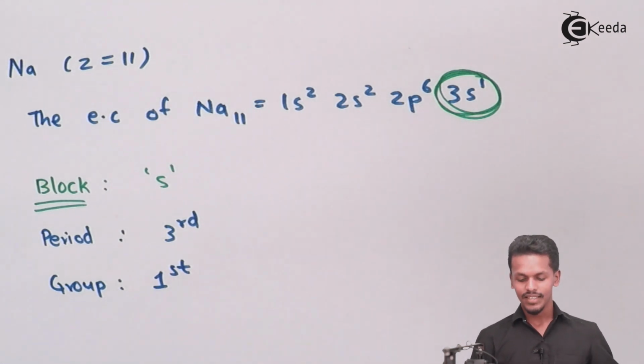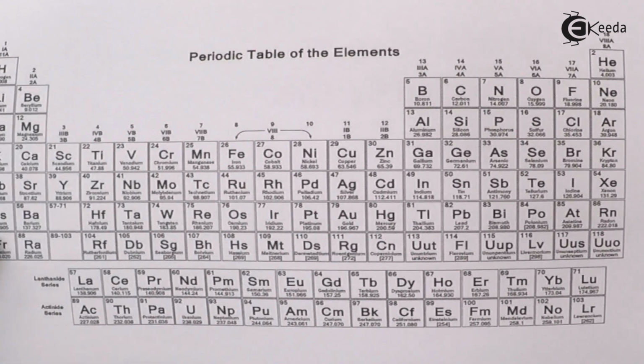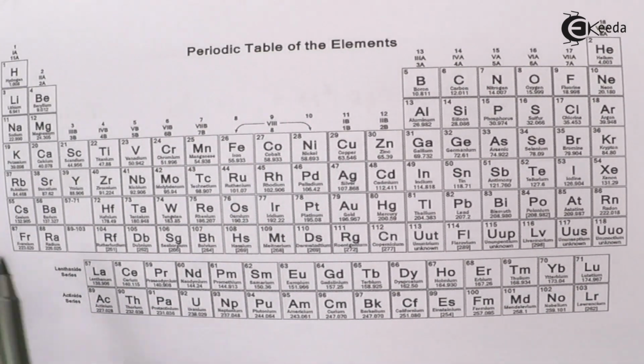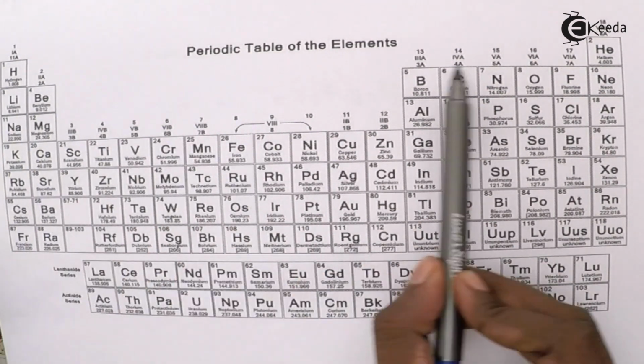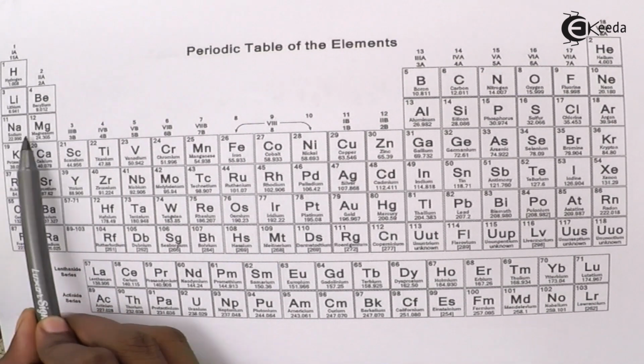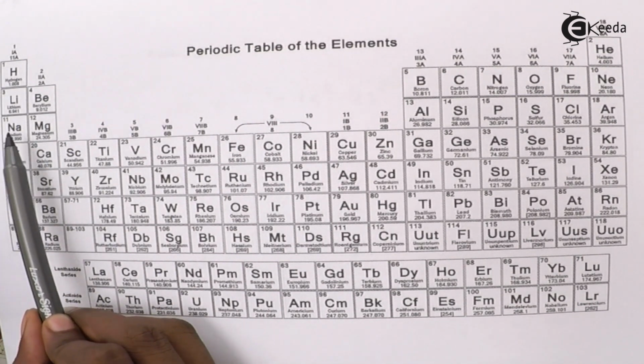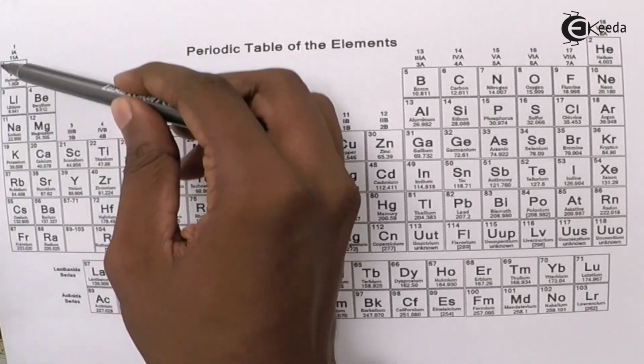Let us see whether the calculation based on this is right or not. This is the periodic table we have. We check sodium in the s block only. This is the s block section where we can find sodium. We found that it is located in the third period: this is the first, second, and this is the third period. Here we find sodium, and precisely it belongs to group 1.